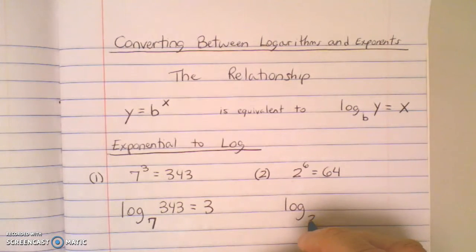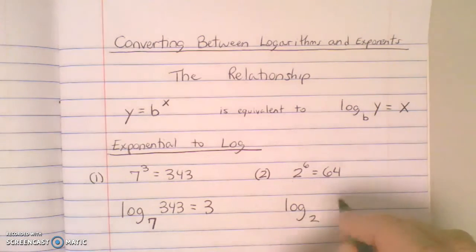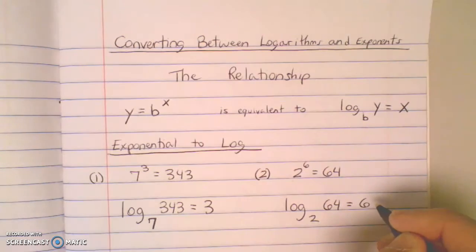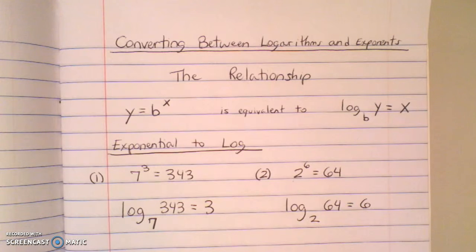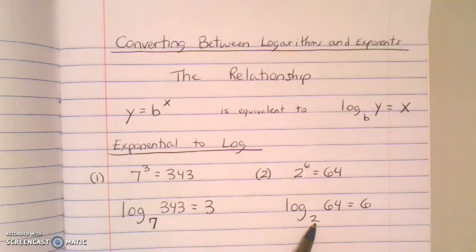So log base 2 of 64 equals my exponent. So remember, the base is always the number that's written as the lower subscript, and the exponent is what it's being equal to when you're going from exponential to logarithmic form.